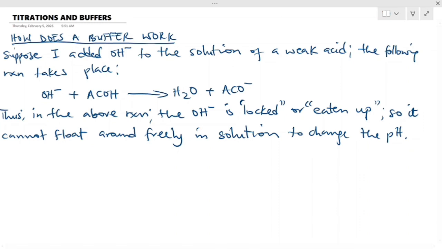So I want to look at another scenario. I'll do this in another color. Then it says, supposing I introduce the hydrogen ion concentration in the solution, what reaction takes place?